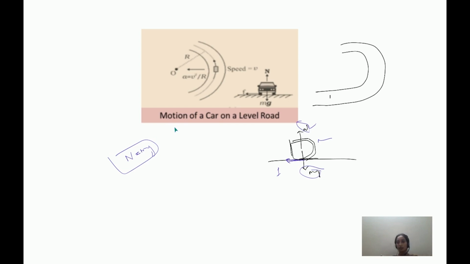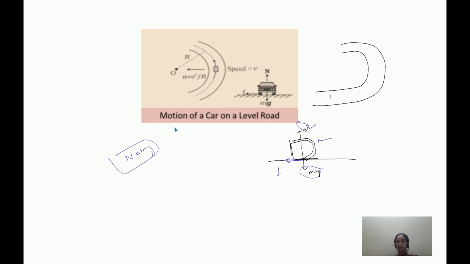It is not the normal reaction or the weight, because they act in the vertical direction and are balanced. The contact force along the surface is, by definition, frictional force. So the frictional force is providing the necessary centripetal force.